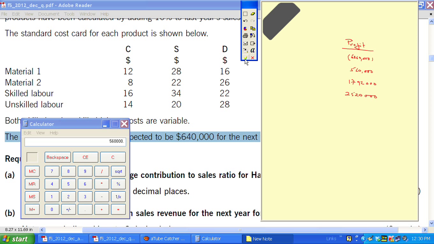So we need to get the sales revenue. This is the profit.